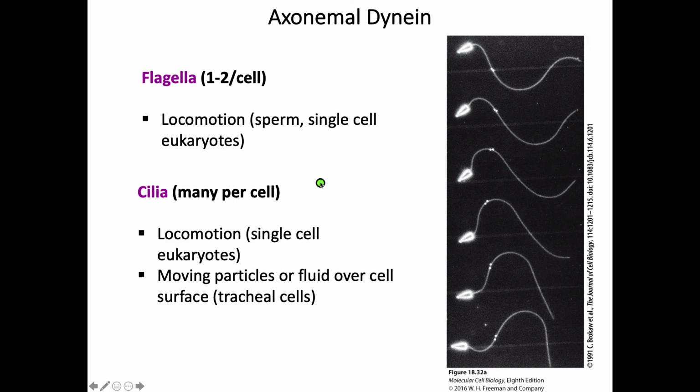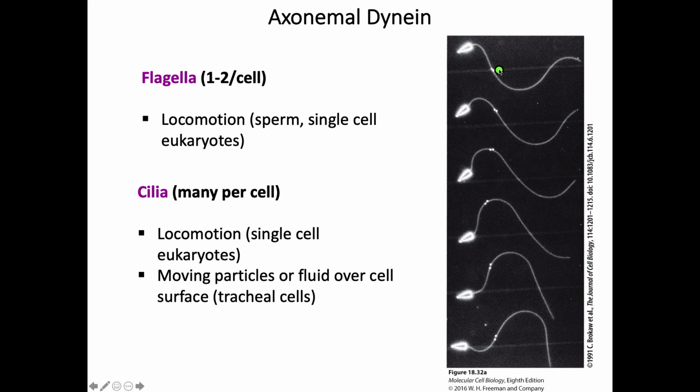The important difference is that here the flagella and cilia, both of them, are movable. They move due to a particular region. So: locomotion, single-cell eukaryotes, moving particles or fluid over the cell surface. Just one example I gave, tracheal cells, but this is what it is. Here what you are looking at is a sperm cell, with a single fluorescent tracking material.